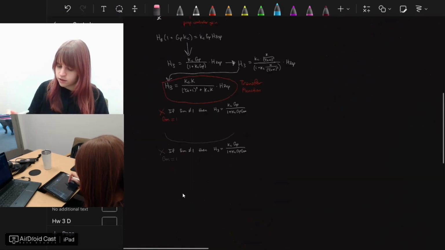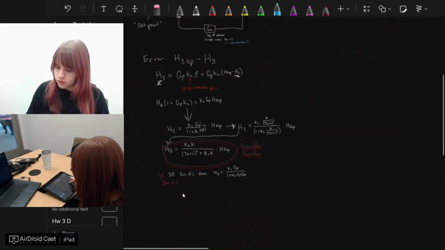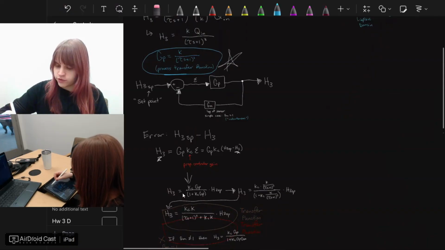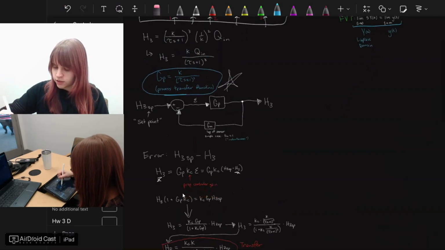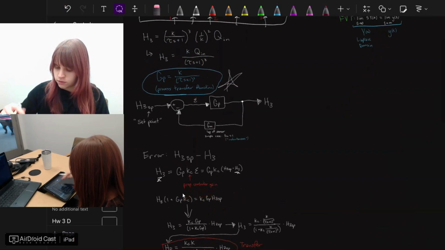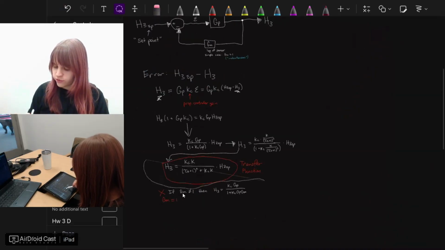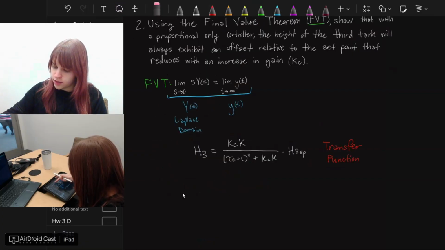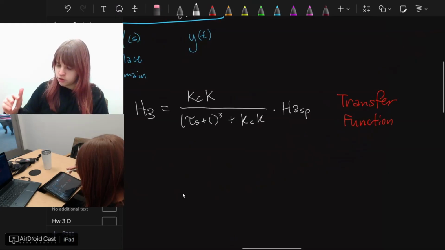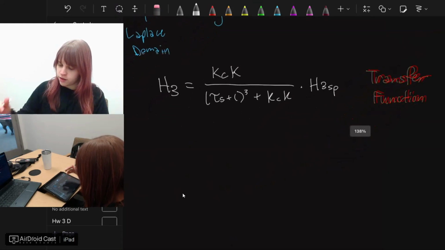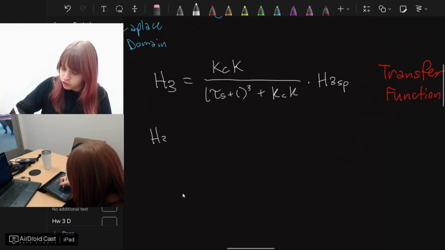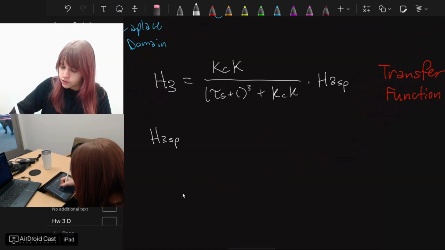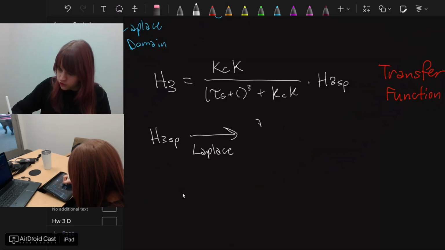We want to take our overall transfer function, and everything here is actually in the Laplace domain except for our H3 set point, which in the Laplace domain is equal to a over s.